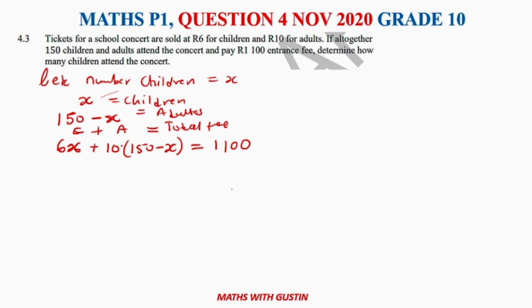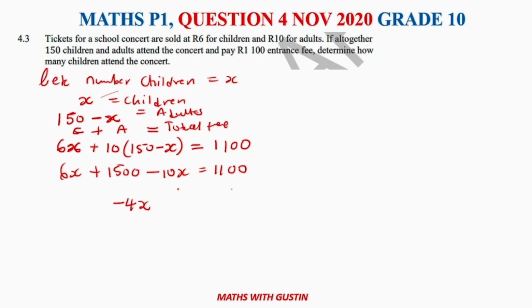Great stuff. So now we've got that. Now we can simplify 6x plus multiply by 10 times 150, 1500 minus 10x is equal to 1100. Then we just need to simplify here and get our x value. We are going to have minus 4x.